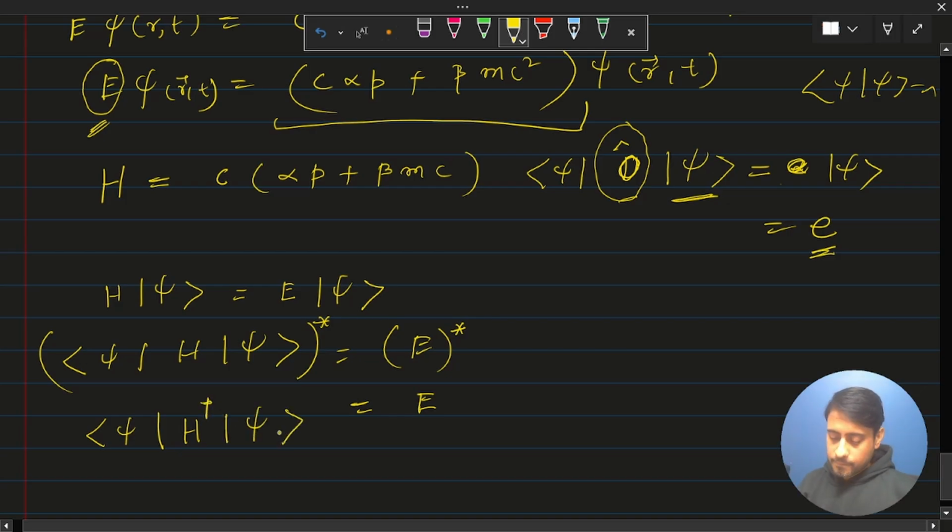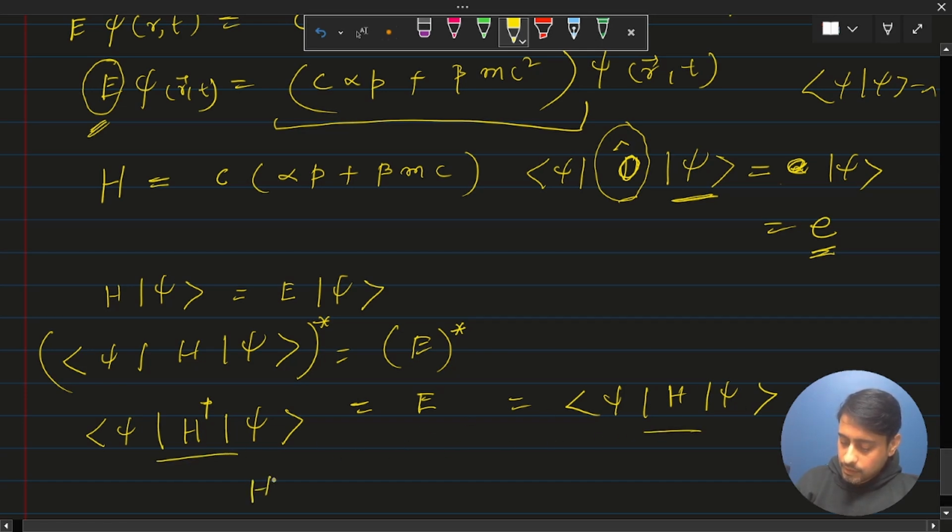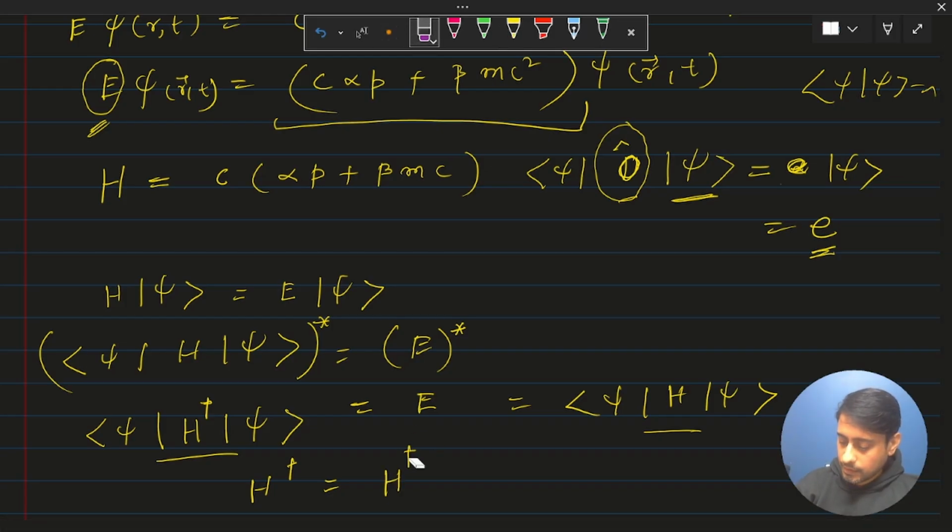But you know that the energy is also given as psi h psi. So from these two expressions we note that h dagger must be equal to h. H dagger should be equal to h.